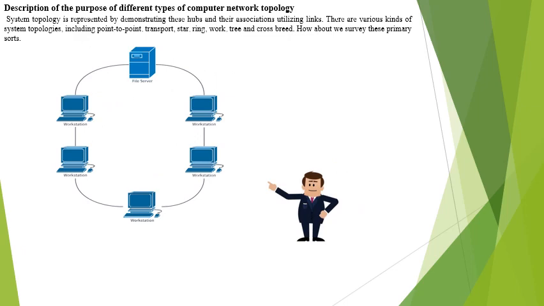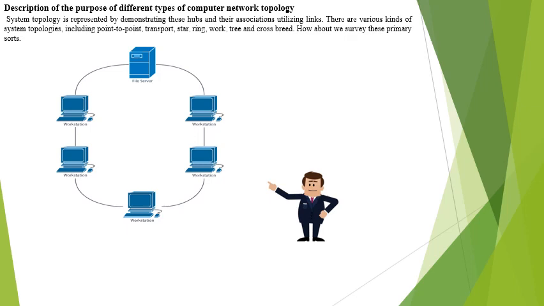So moving on to the next topic, let's talk about the different types of computer network topology. The network topology is represented by demonstrating the nodes and their association using links. There are various kinds of network topologies including point-to-point, bus, star, ring, mesh, tree, and hybrid. Let's survey these primary types.